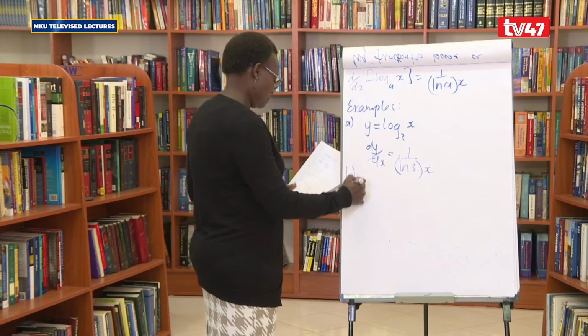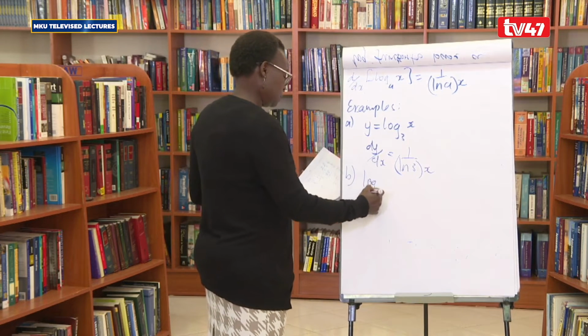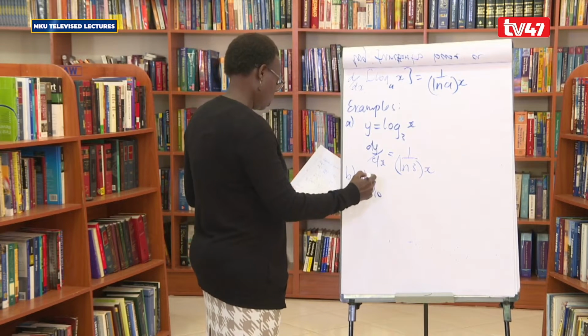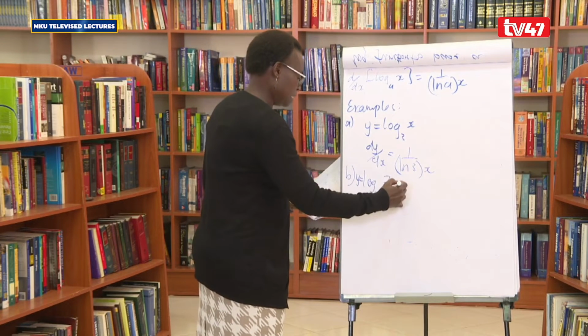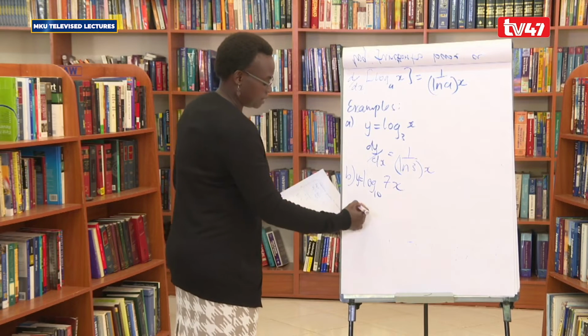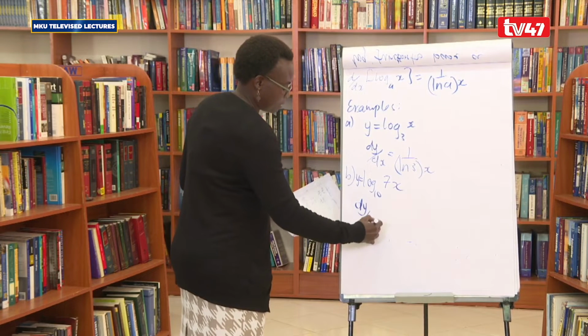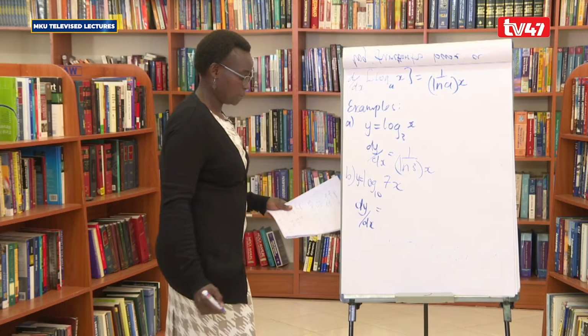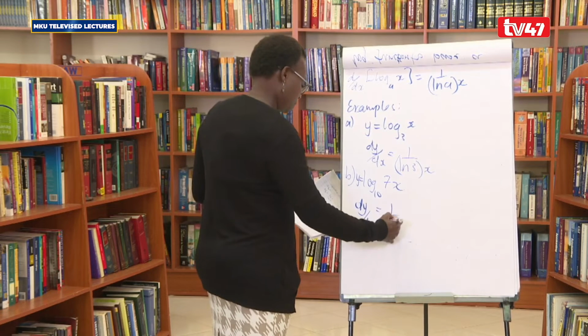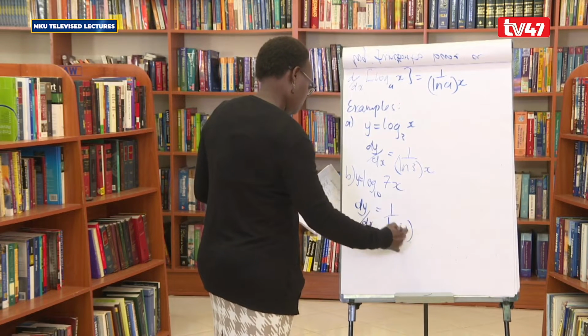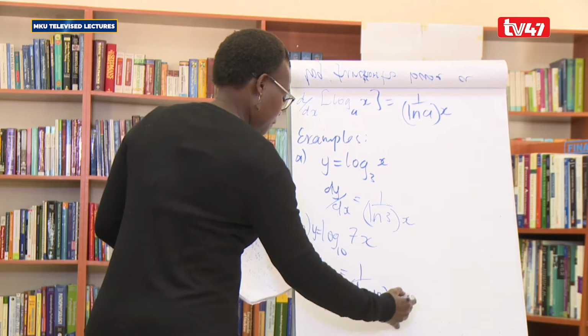If you have b, y is log to base 10 of 7x, then the derivative is going to be the same thing again, 1 over ln 10 x.